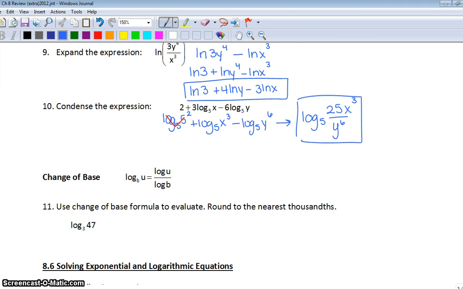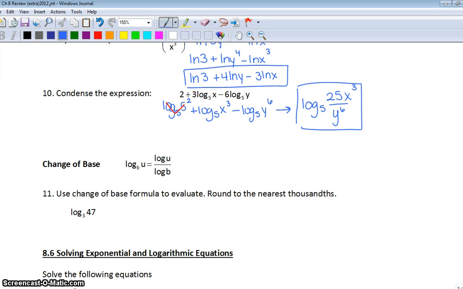Last in 8.5 is your change of base. We can only enter in our calculator a log base 10 and a natural log. As we look at number 11, we don't have a base 10, we have a base 3. So what this says is if I can take log u divided by log of b, it's always this number on top, this number on the bottom.